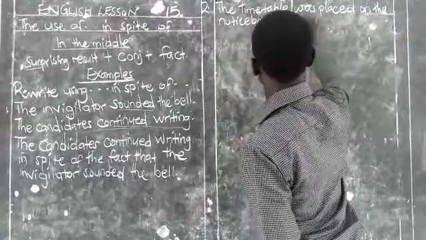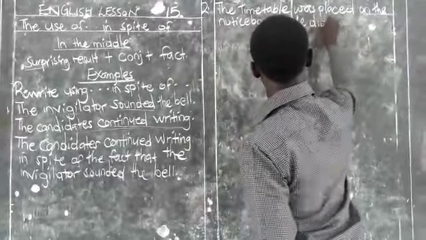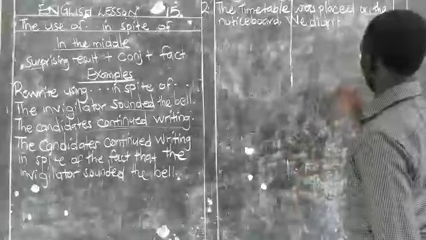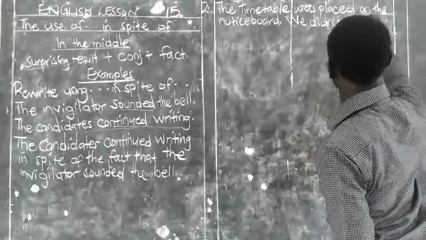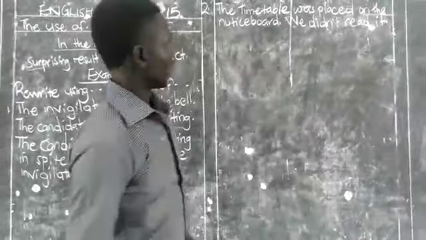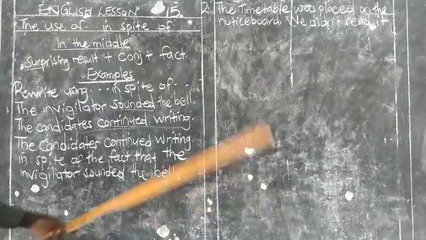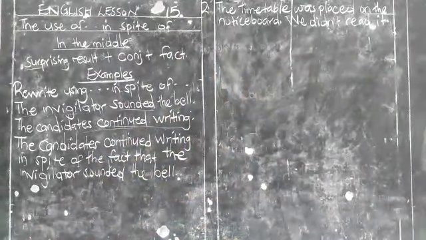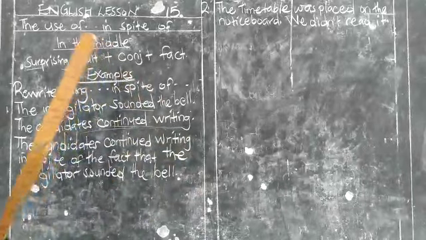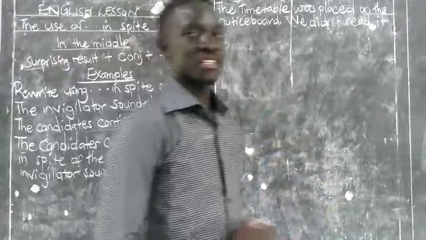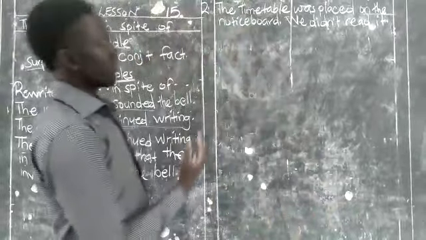We didn't read it. The timetable was placed on the notice board. We didn't read it. Use in spite of in the middle of the sentence. Identify the surprising result and the fact. What is the fact in the sentence?